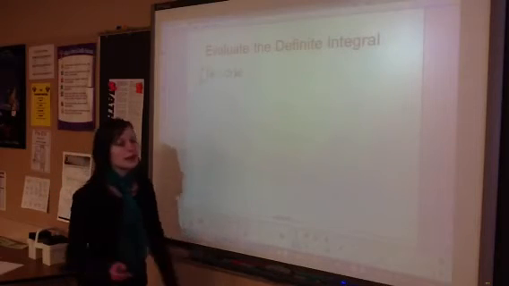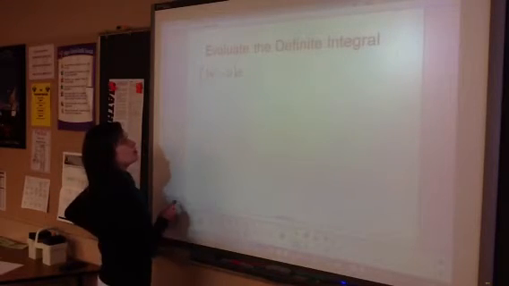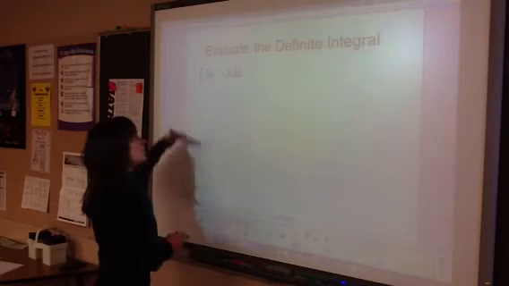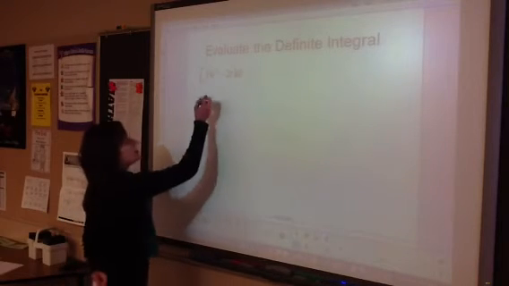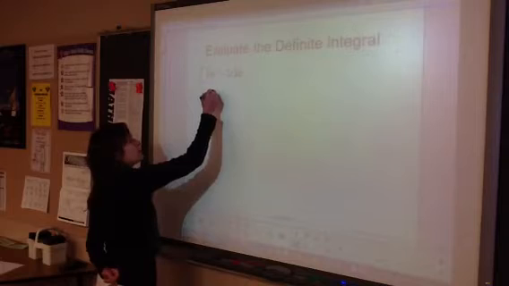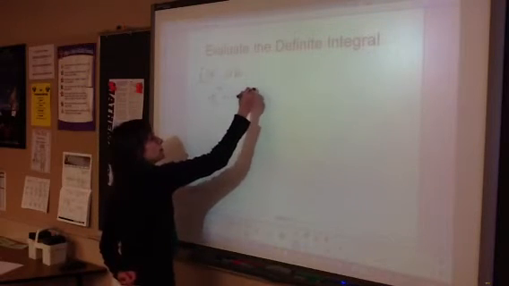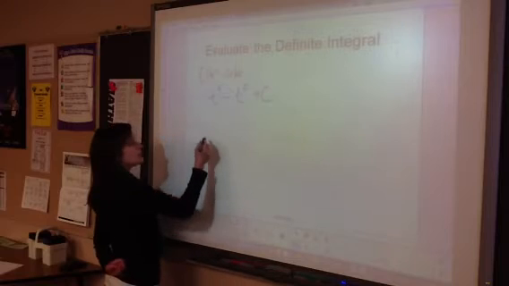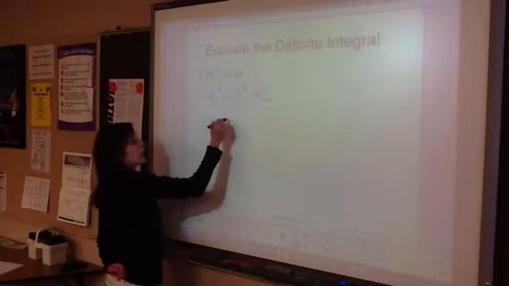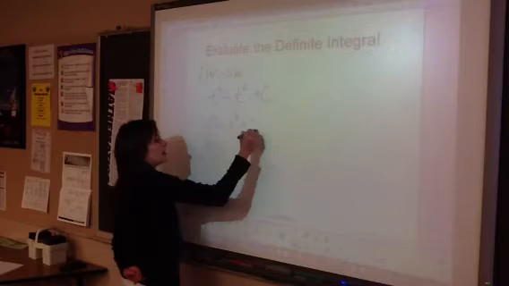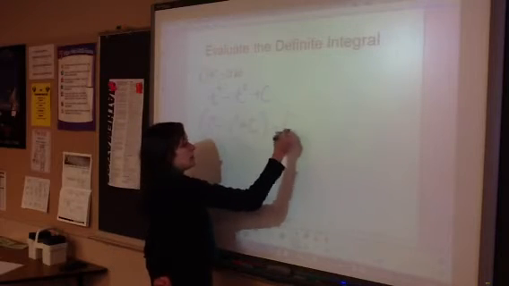So do it again. Find the antiderivative of 4t cubed minus 2t. And we're going from -1 to 1. So we do our antiderivative, and we get t to the 4th minus t squared plus c. So we put in 1, and we put in -1.